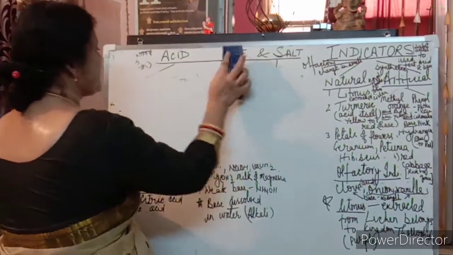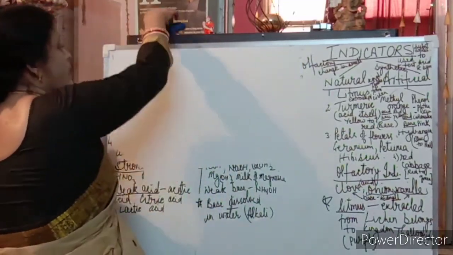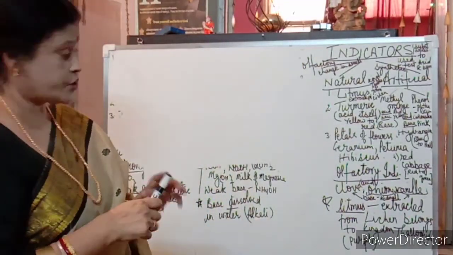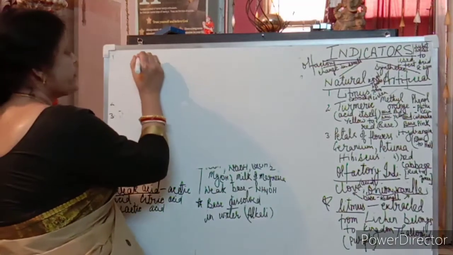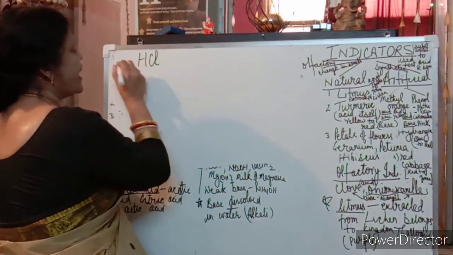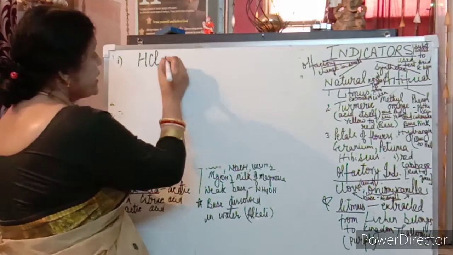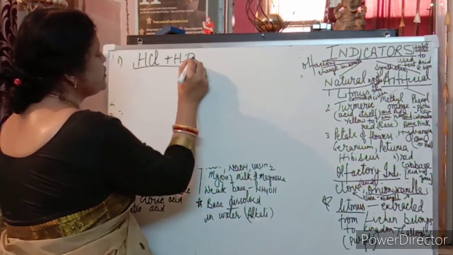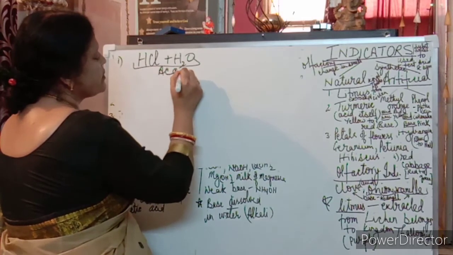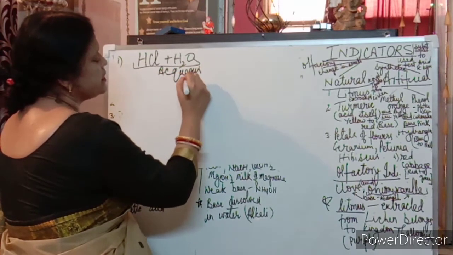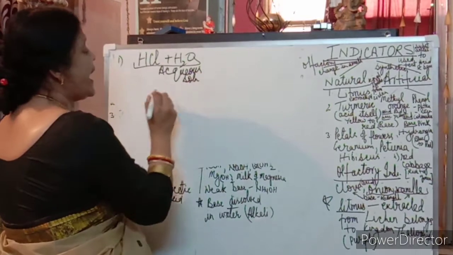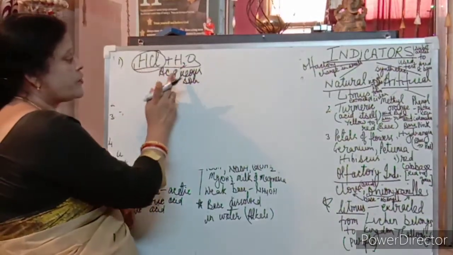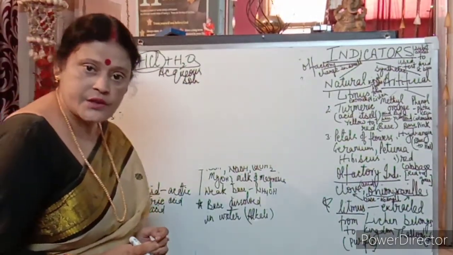Now, let's start with acid, student. There are so many acids. This is an acid, hydrochloric acid. When it is dissolved in water, it forms an aqueous solution.